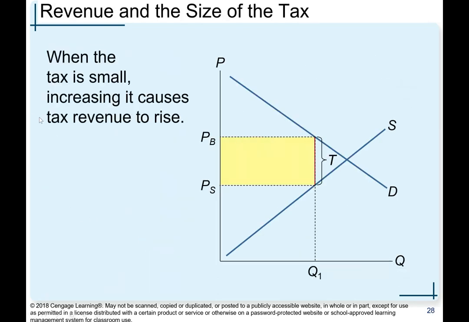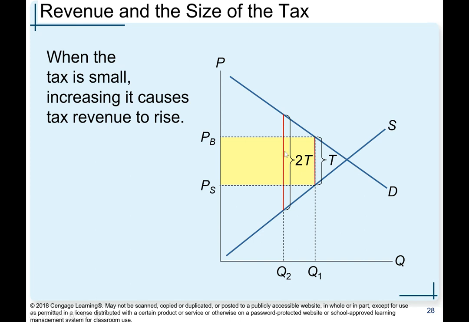When the tax is small, in this graph, increasing it causes tax revenue to rise. So at this point, when the tax is this line T, the government revenue is the area of the yellow rectangle.